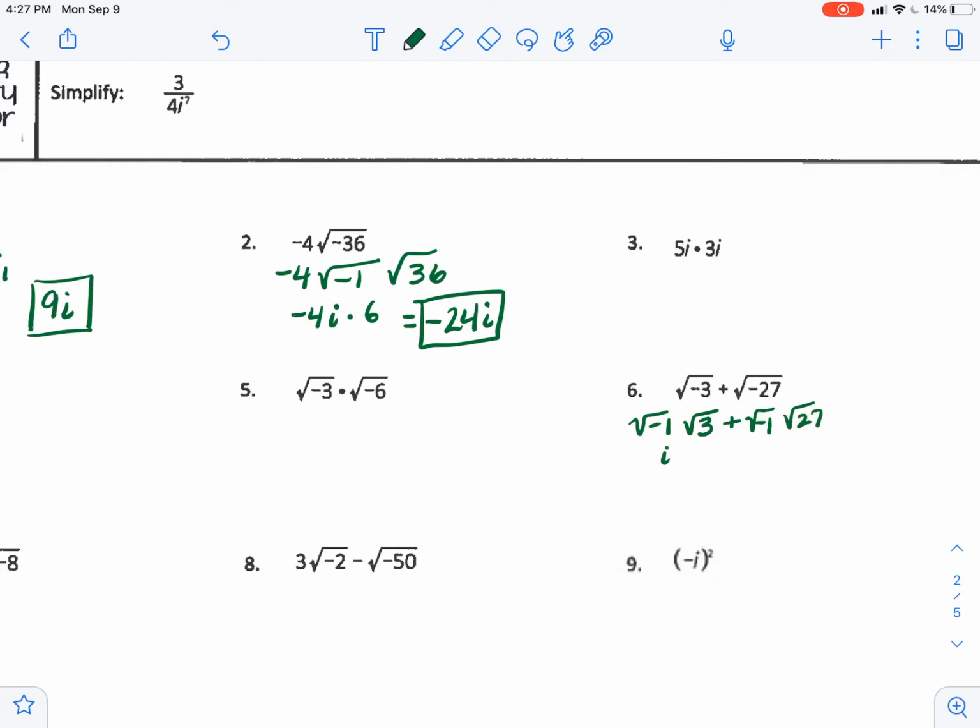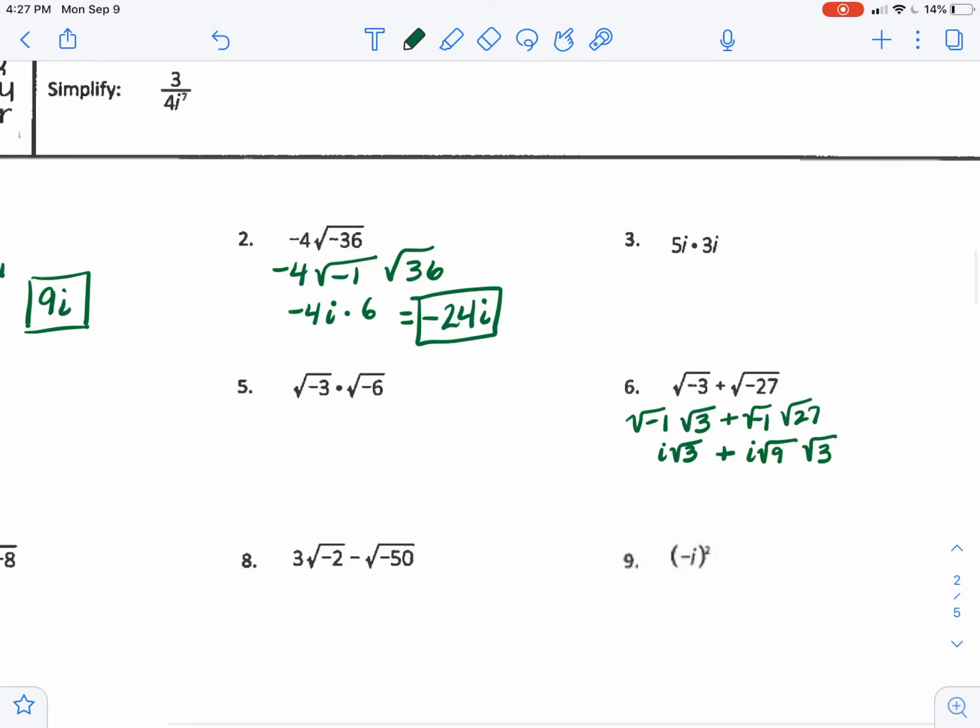I can't do anything with the square root of 3. That's going to stay. Here, the square root of a negative 1 is i. And I'm going to simplify my square root of 27. So what is the largest perfect square that will go into 27? 9 and 3. So the square root of 9 is 3. I've got the i and square root of 3.